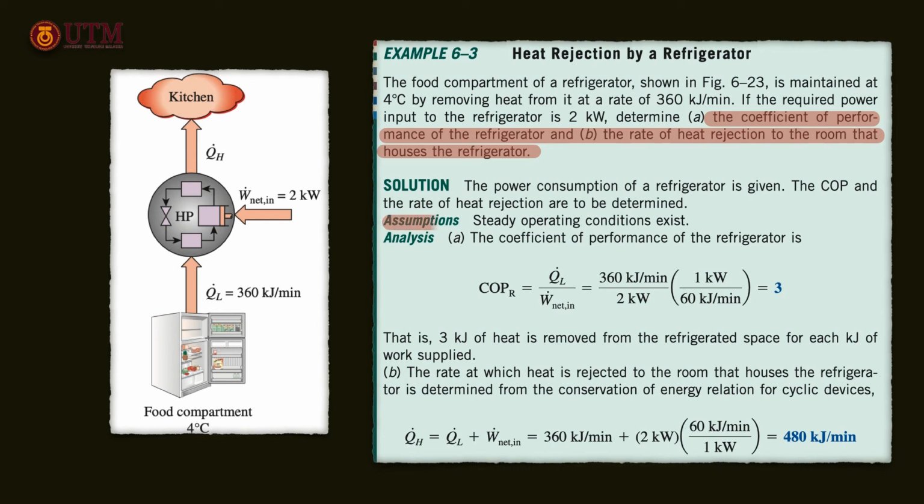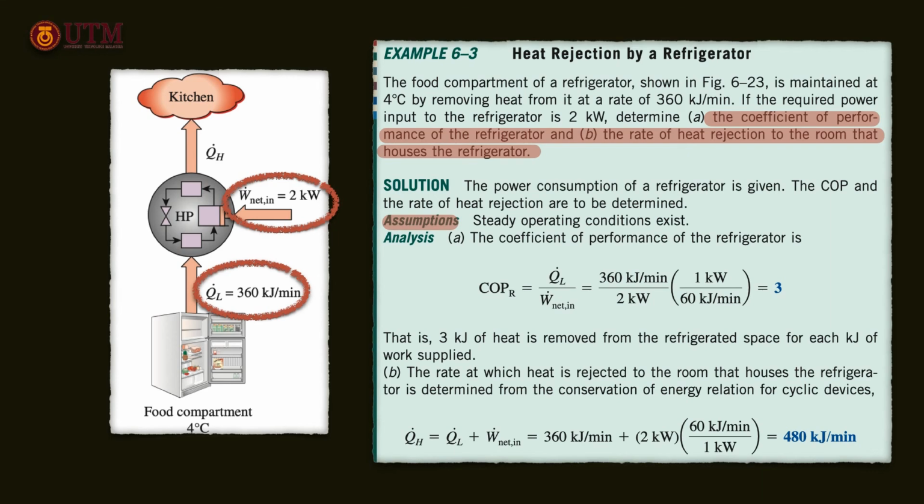We must specify our assumption to simplify the analysis. The refrigerator's coefficient of performance can be determined by dividing the heat removed from the refrigerated space by the power input of the compressor, as shown.